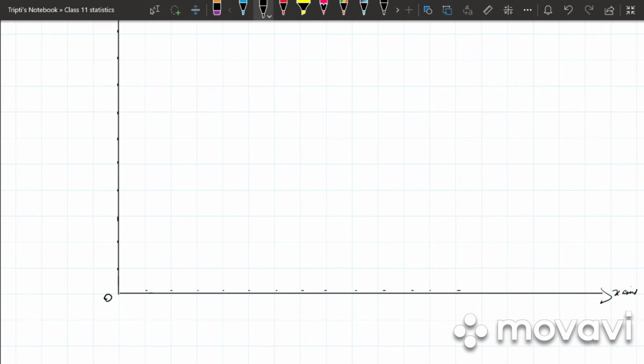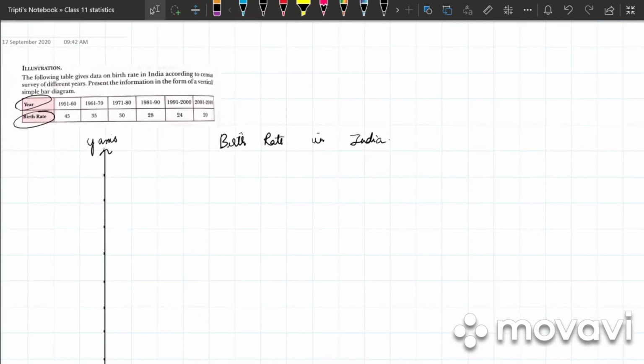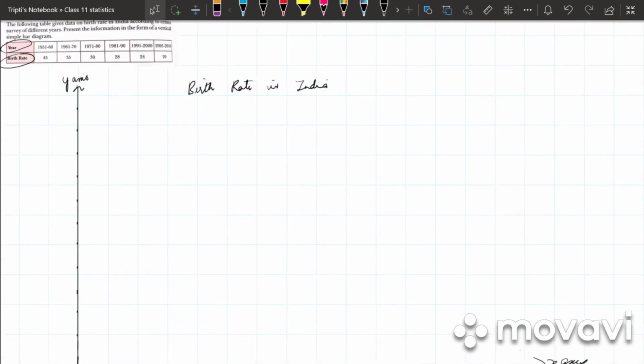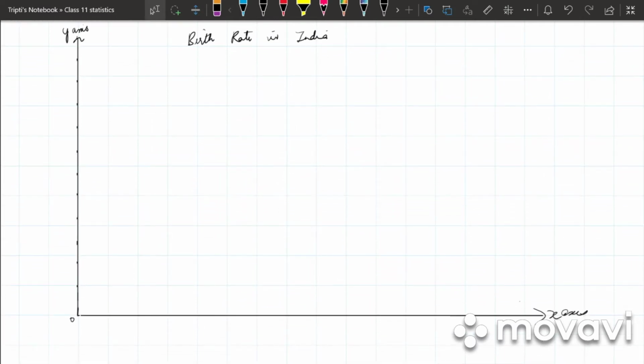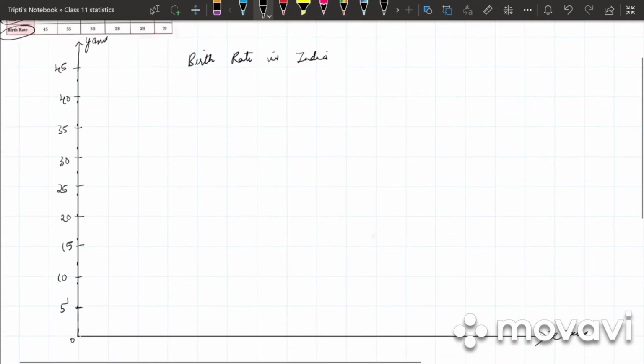Then we can take a scale of 5, 10, 15, however you wish to take. So I'll be taking a scale of 5. So in every 1 centimeter mark, I'll be writing 5, 10, 15, 20, 25, 30, 35, 40 and 45.